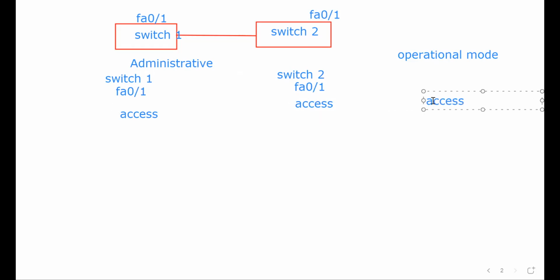If switch 1 is in dynamic auto mode and our second switch is also in dynamic auto mode, our operational mode is access mode.